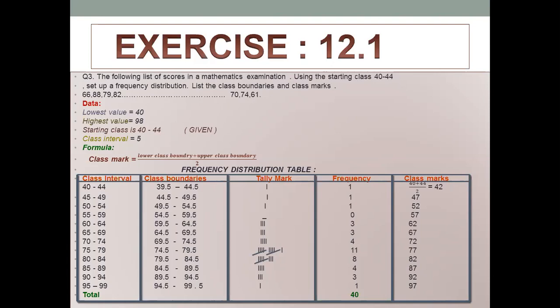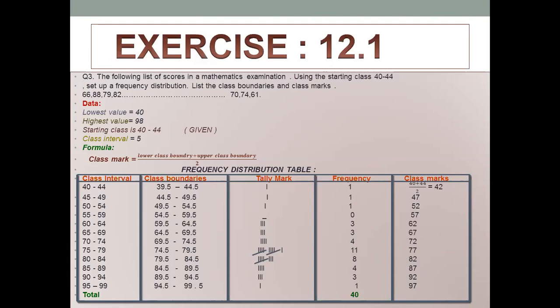And you see that all the lower limits become 0.5 less than the original values. Instead of 40, we write 39.5. Instead of 45, we write 44.5. Instead of 50, we write 49.5. In the same way, the last class is 94.5. And when you check the upper class boundaries, you see that to each number we add 0.5.